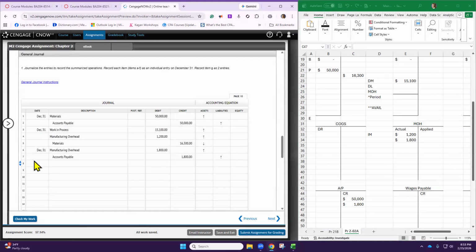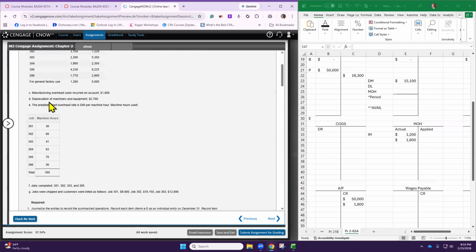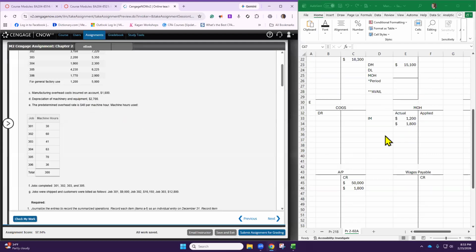Okay, and then we're December 31st again. Okay, then we are depreciation of machinery and equipment. So that is going to be here. Okay, so we're going to put that in manufacturing overhead. Okay, so it goes in at 2,700.